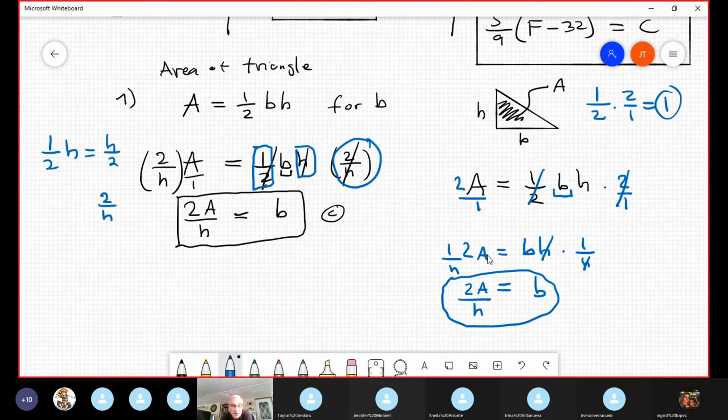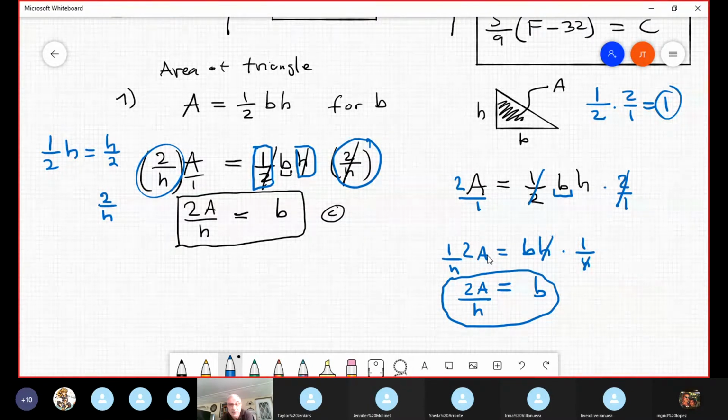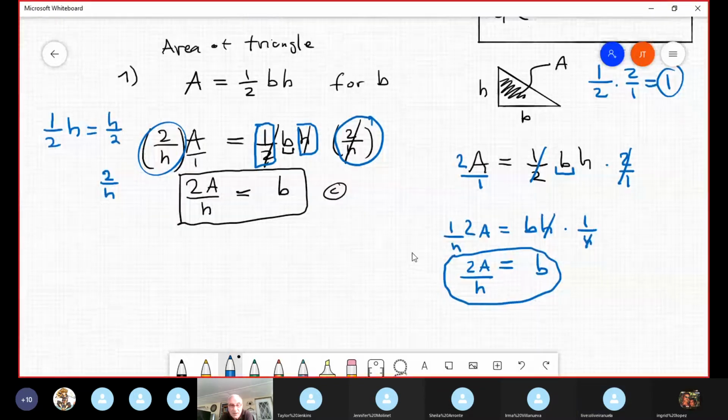And you multiply 2 over H here and 2 over H here. Magically, everything is gone. Only B stays. And on the left-hand side, sorry, is 2A over H. More clear now, miss? Yes, Professor. Thank you.